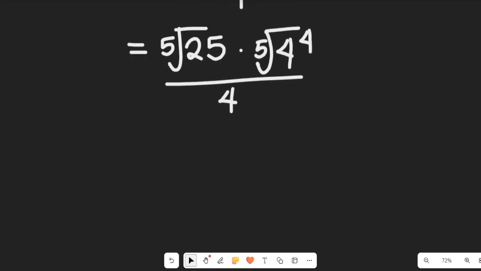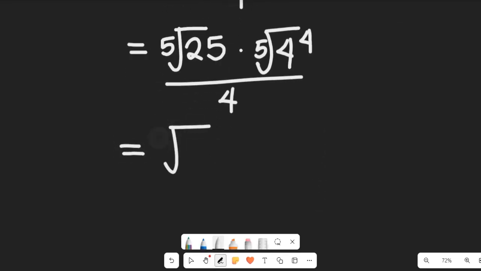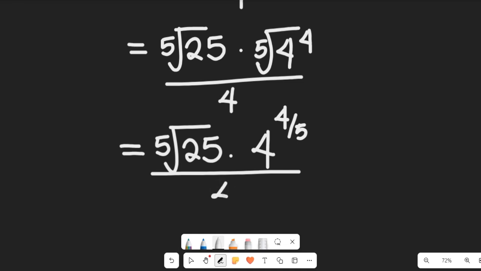Now I can simplify this expression. From that expression, I can have the fifth root of 25 multiplying, this can give me 4 to the power of 4 divided by 5, right? Good. And all of these will be divided by 4, which is to the power of 1.